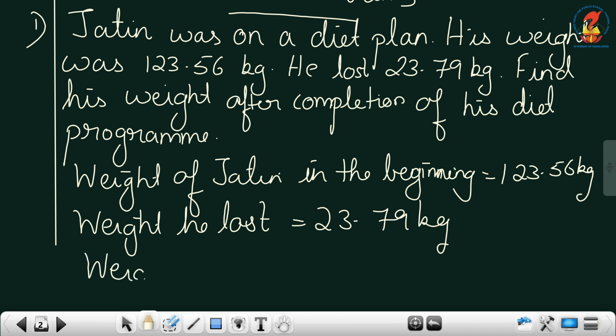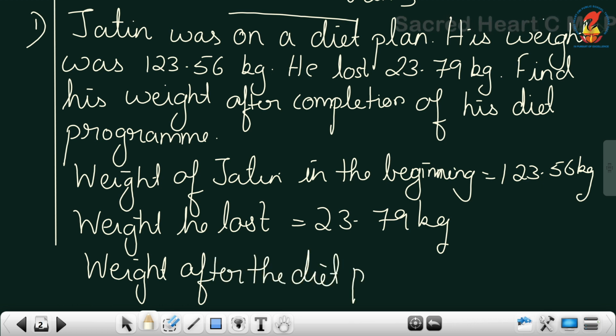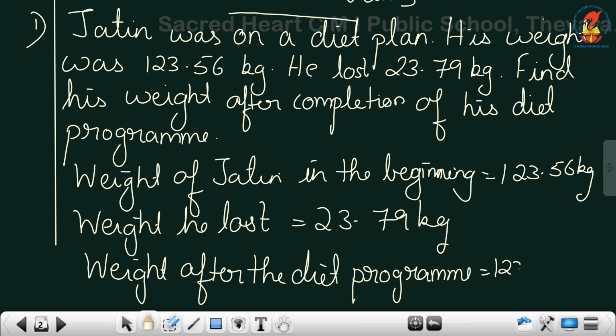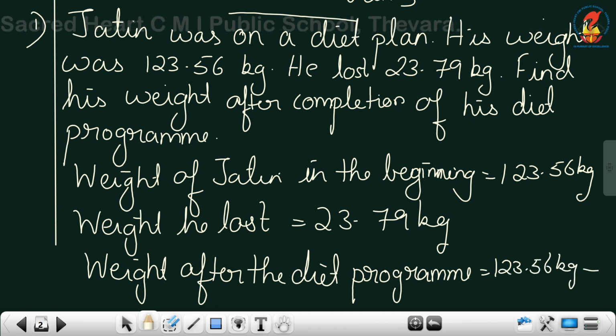So weight after the diet program. What do you have to do? We have to subtract, that is 123.56 kilogram minus 23.79 kilogram.